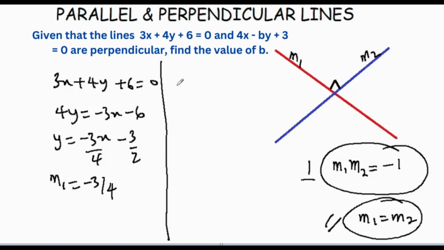Now for the second equation, I'm going to have 4x minus by plus 3 equals 0. Alright, so let's rearrange this to the slope intercept form. So that's minus by equals negative 4x negative 3.